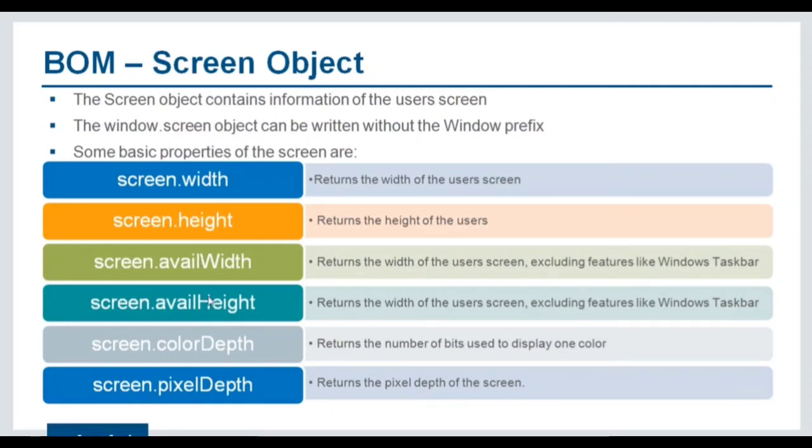All these values you can get using screen.width and the other properties that this object screen has. You can even get the values, and you can even set the values. If you want to set some color, you can use color depth and set it. If you want to set the height, you can use the height property and set it.